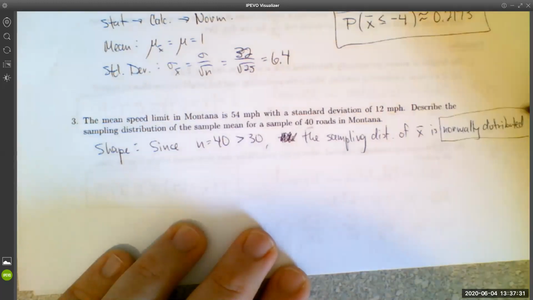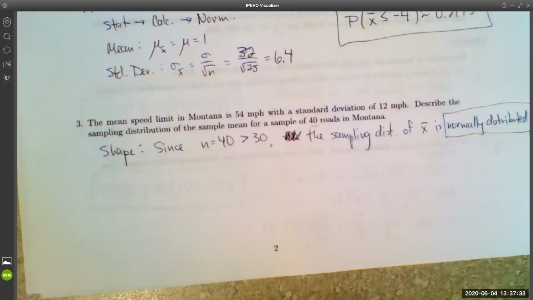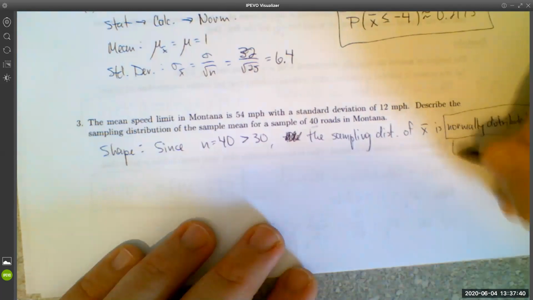Or in other words, that's like a fancy way of saying it's bell-shaped, right? If you were to look at a histogram of all of the possible sample means, that histogram would be bell-shaped.